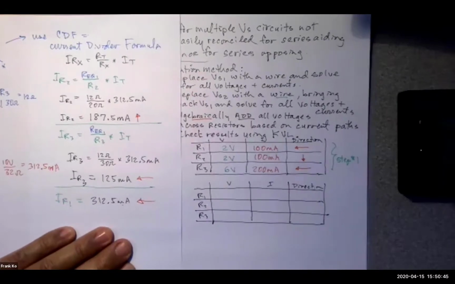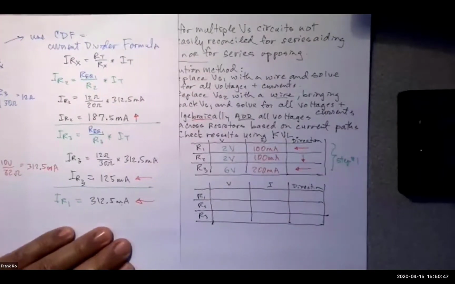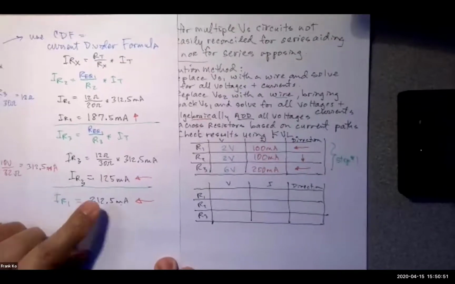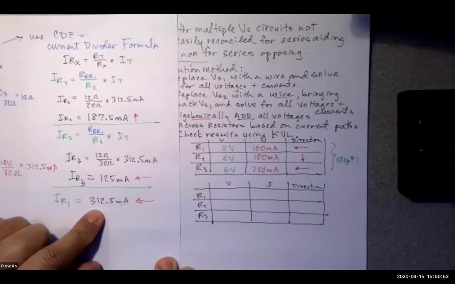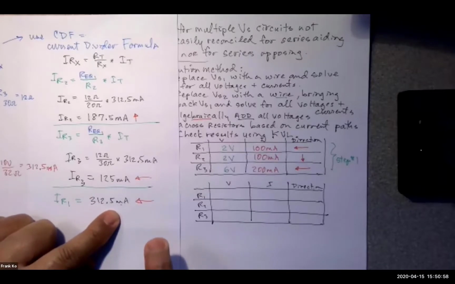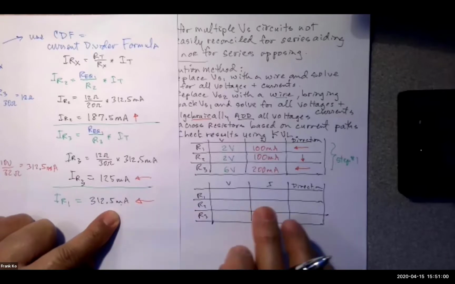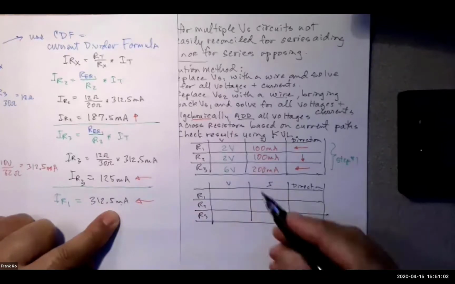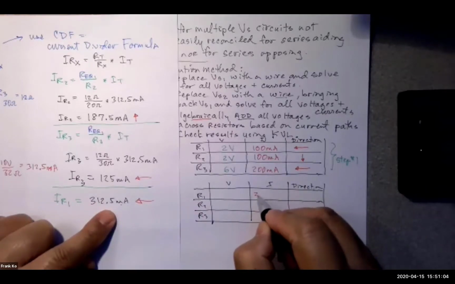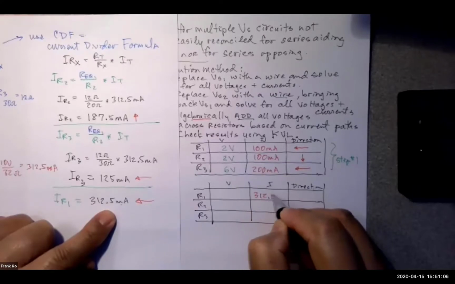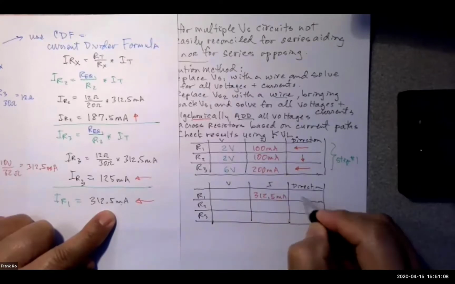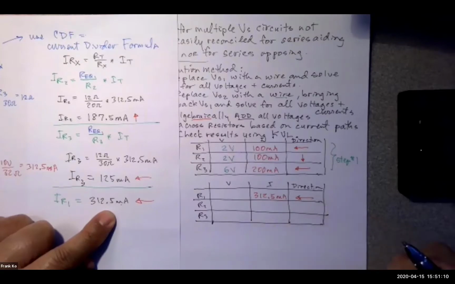Now it's time to fill in this chart. Take a look at IR1. IR1 is given in this calculation as 312.5 milliamps flowing to the left. Can I fill that information here? This will be 312.5 milliamps flowing to the left.